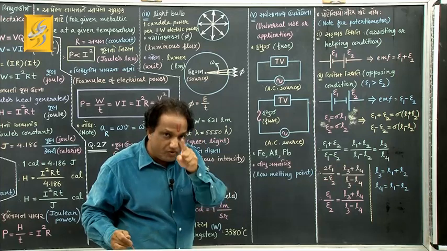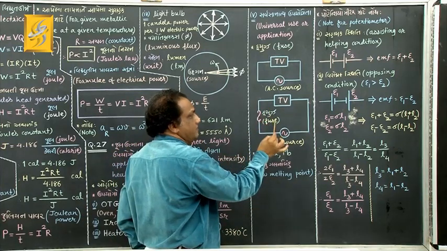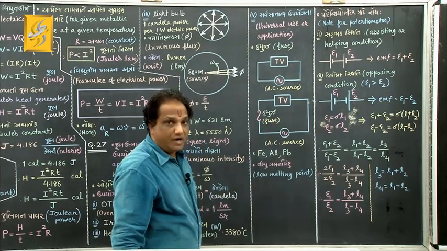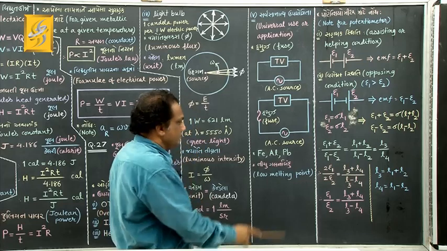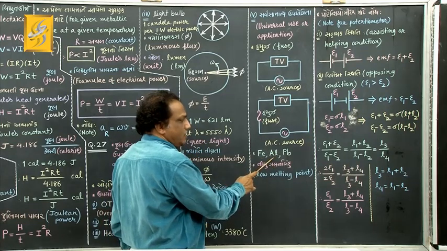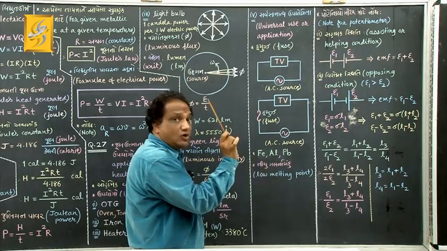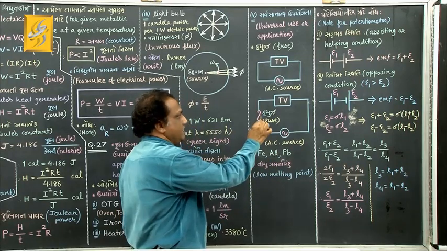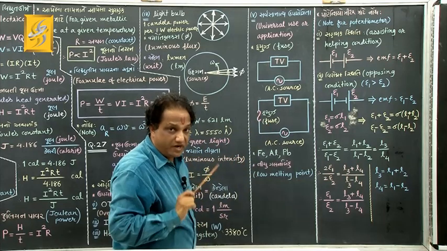For that purpose, we just connect some fuse wire made up of material having low melting point, for example, made up of iron or aluminum or lead, correct? These materials have got low melting point, and its wire we just connect here. What is the advantage?